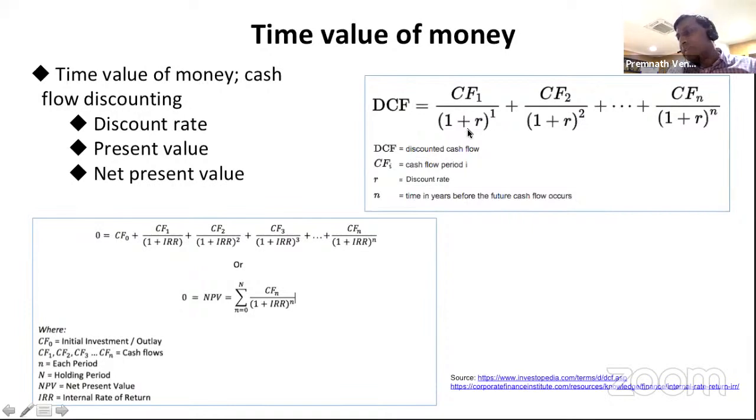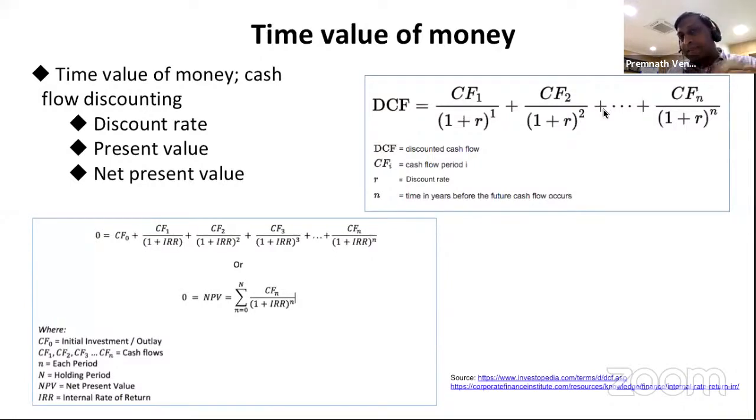So the value goes down from 100 rupees to 100 divided by 1.1. That has happened because it's 1 year old now, right? Same thing after 2 years, it would have become 100 divided by 1.1 to the power 2, and so on.